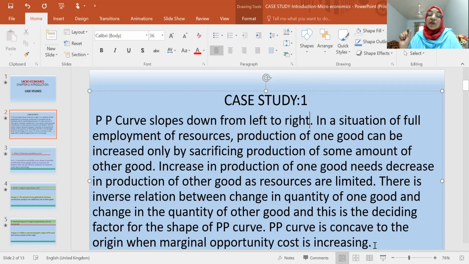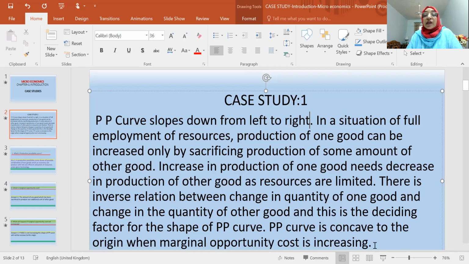Production possibility, you can understand the meaning. Production, we are talking about production of a commodity. In an economy, millions and millions of commodities are produced, but we are not taking all the commodities here. When we talk about the PP curve, it is a curve which shows all possible combinations of two goods which an economy can produce with full and efficient utilization of resources when technology is constant.